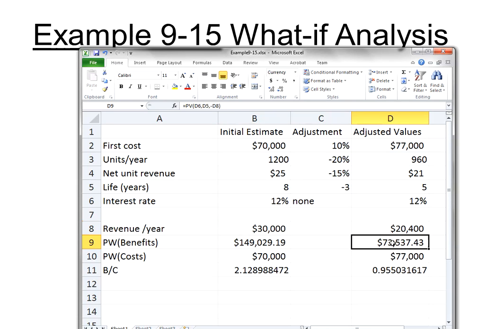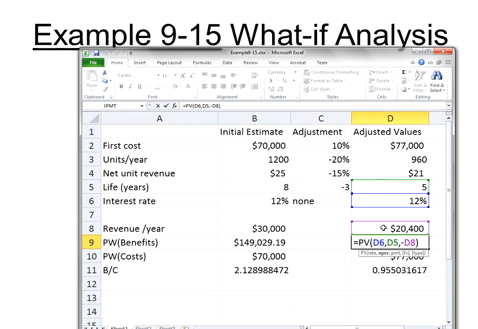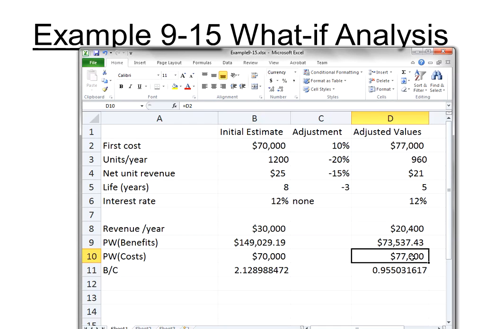And so on. This is just PV. This is my rate, here in blue. As green, this is D5, my life in years, so the number of periods. And this is my revenue per year. So that gives me the benefits, and then the costs are just this cost here.